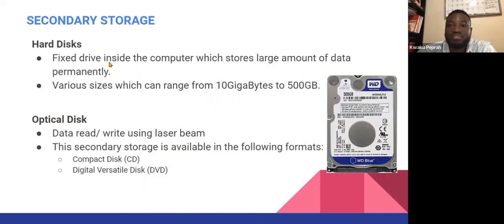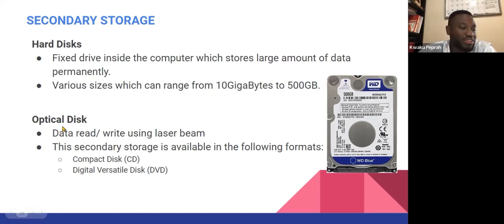The hard drive is a fixed drive, which you can insert into the computer, which stores a large amount of data permanently unless you want to erase it. There are various sizes, ranging from 10 gigabytes to 500 gigabytes, so you can store so many things.